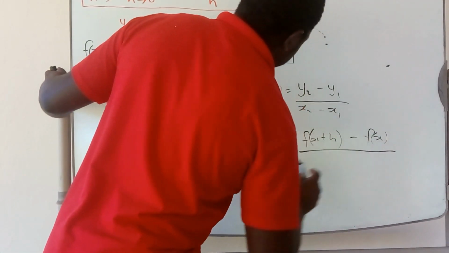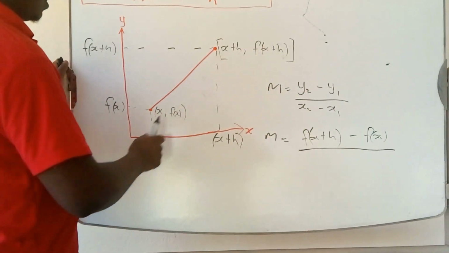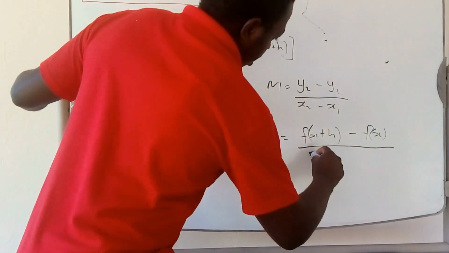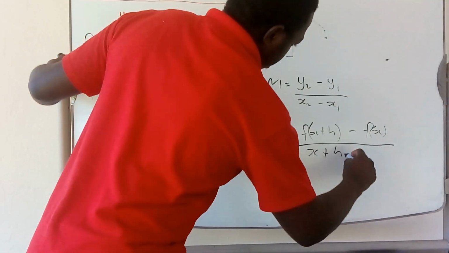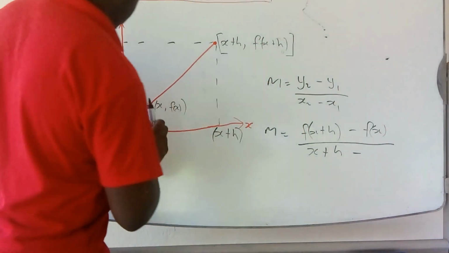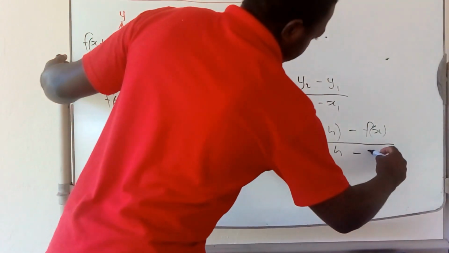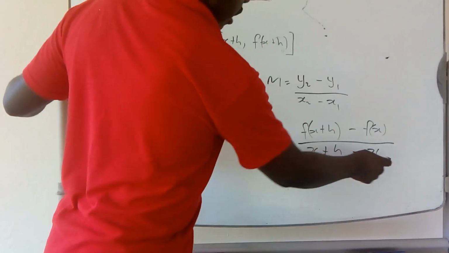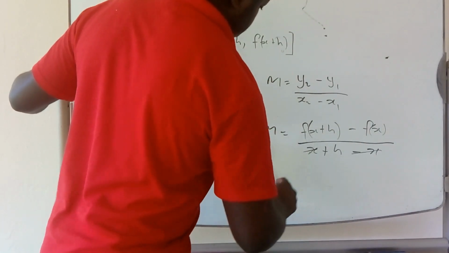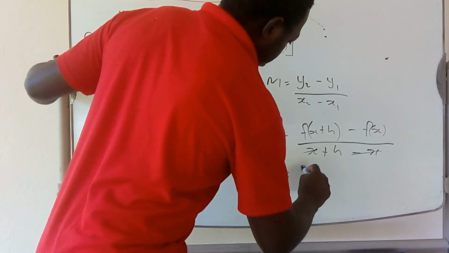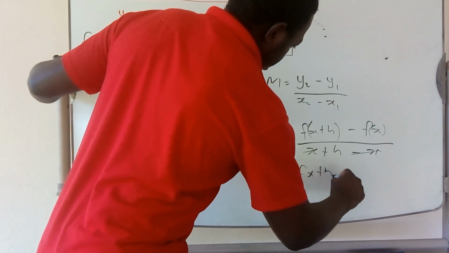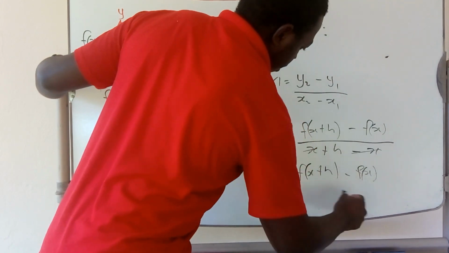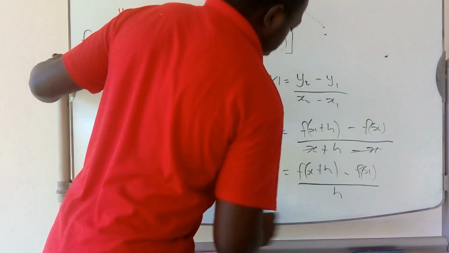All of that divided by the change in x, right? So this would be x plus h minus x, which would be x minus x. That will cancel out. So all we are left with is m is equal to f of x plus h minus f of x, all of that over h.